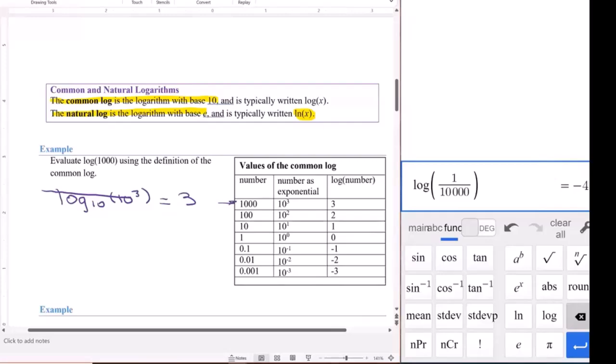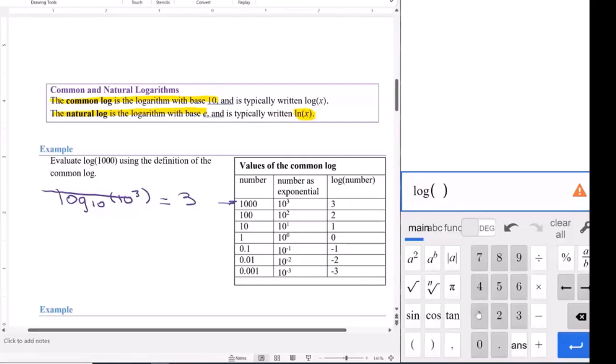And I can change all the values as long as it's base 10, then it's just the same as the log. If I want to put in here the log, and we know that this is base 10, of 1,000. Okay? Easy.